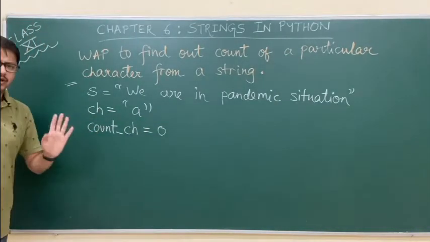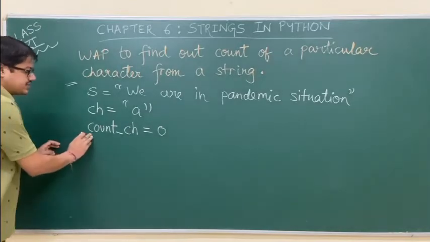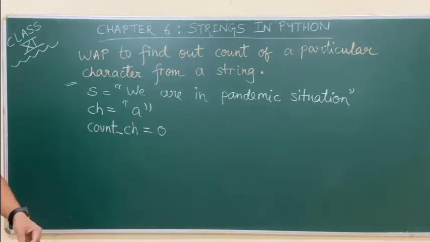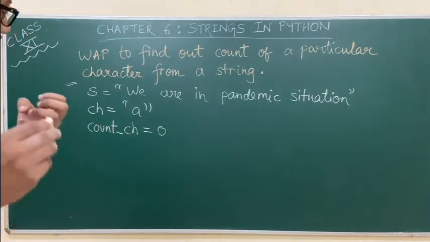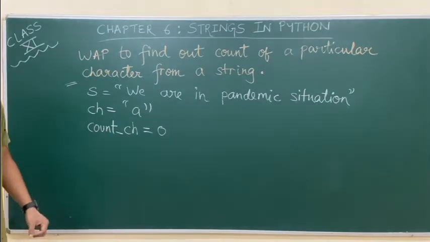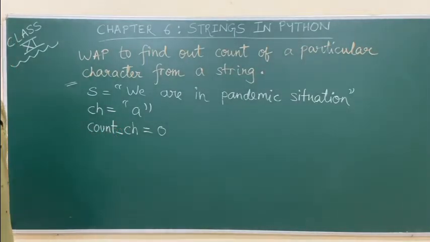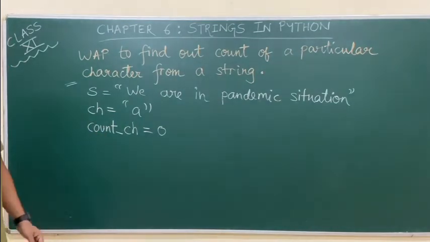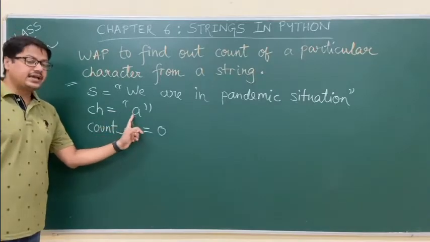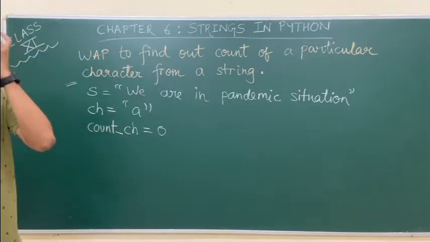You can take any variable name, you can say c_ch, or just ch, that is fine. Just for understanding, the variable name should be self-explanatory, so that you can realize what this variable is meant to do. Here count_ch means this variable will take a count whenever this character A is recorded in this string.